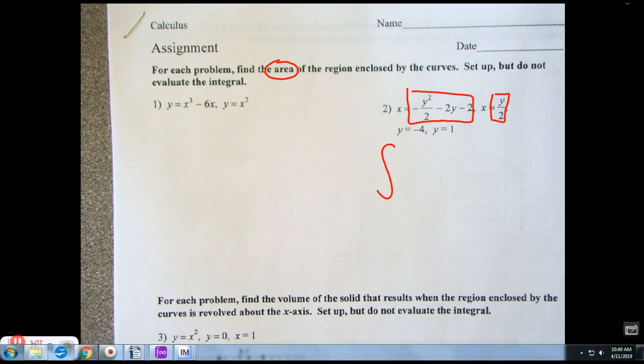So whenever you have left and right borders, then you can subtract. If I have a left-hand border and a right-hand border, then within that I'm going to have something on the top and something on the bottom.